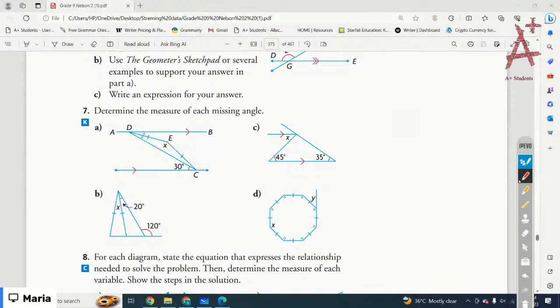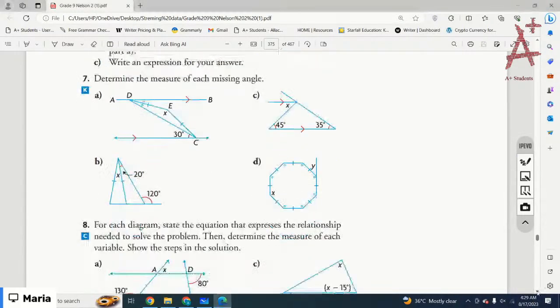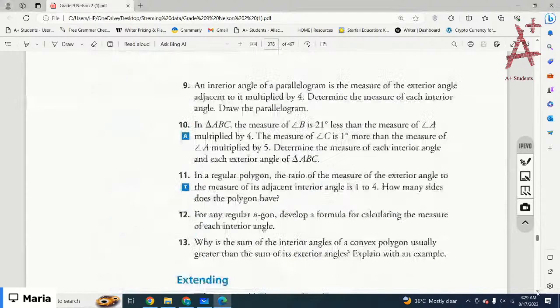Okay, let's just start with the next one. Let's just start with question number 9. An interior angle of a parallelogram is the measure of the exterior angle adjacent to it multiplied by 4.